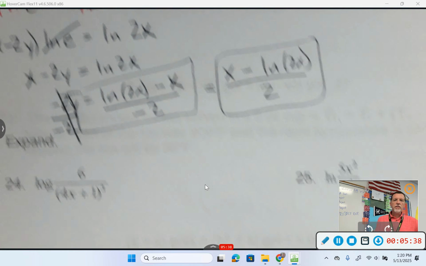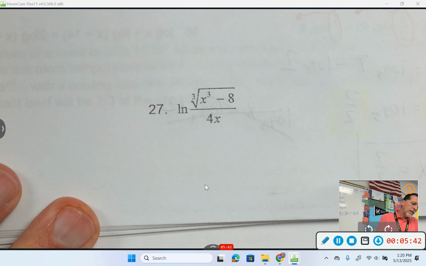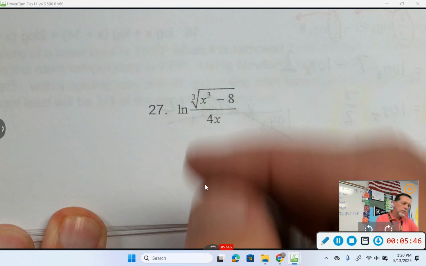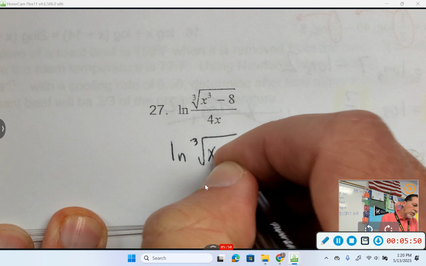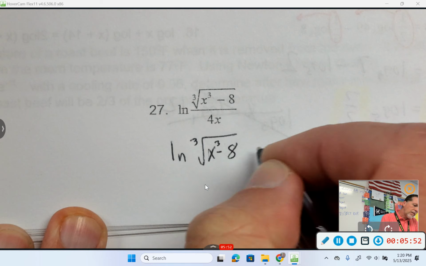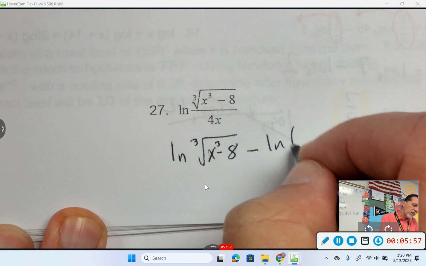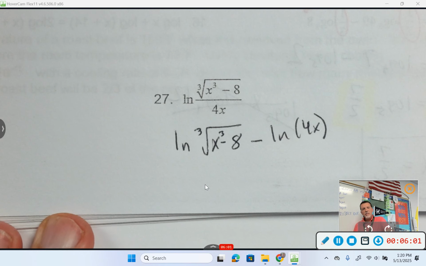Let's jump down to 27. Expand. Okay, so we've got it all squished into one log. We want to expand it all out into multiple logs. So natural log cubed root x cubed minus 8 minus, right, because division is going to turn into subtraction, natural log of 4x.